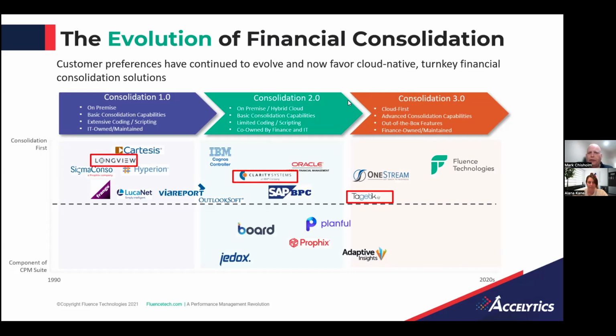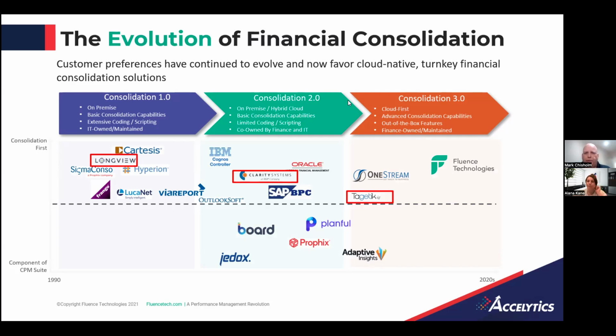If we talk about Consolidation 1.0, it was really on-premise. There was no notion of cloud at that point. There were basic consolidation capabilities, and there was extensive coding, with very heavy scripting requirements around consolidation. What that meant was that the solution was IT owned and maintained.